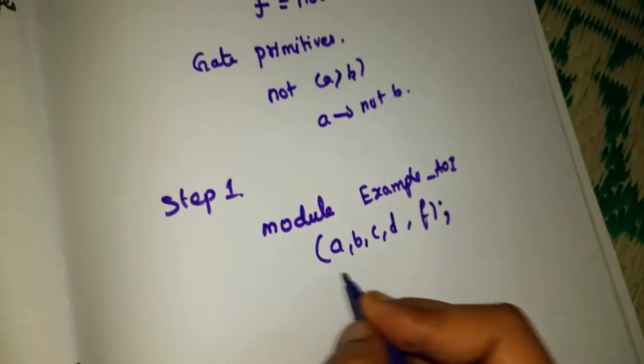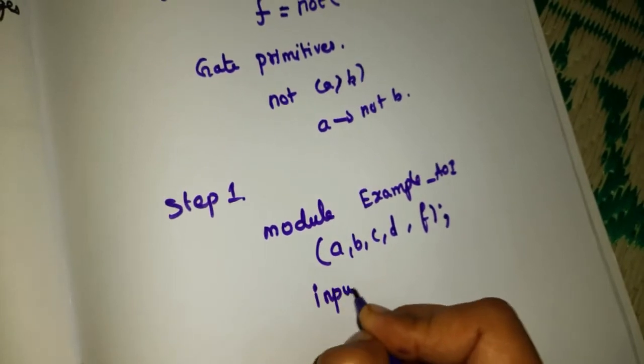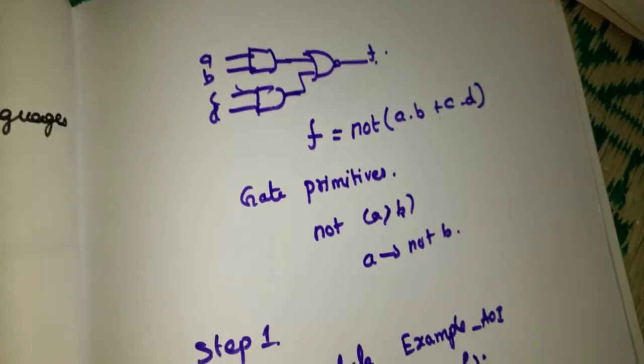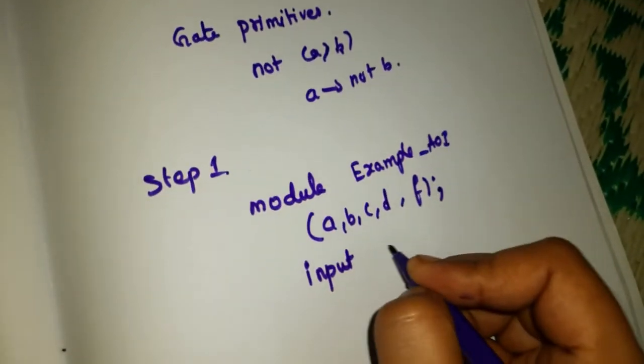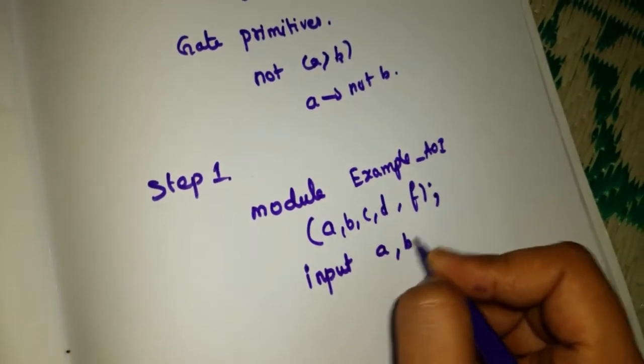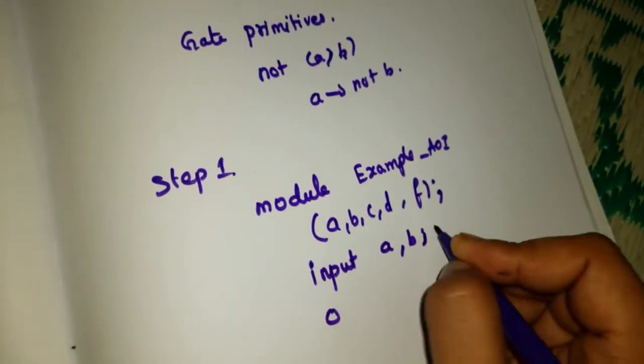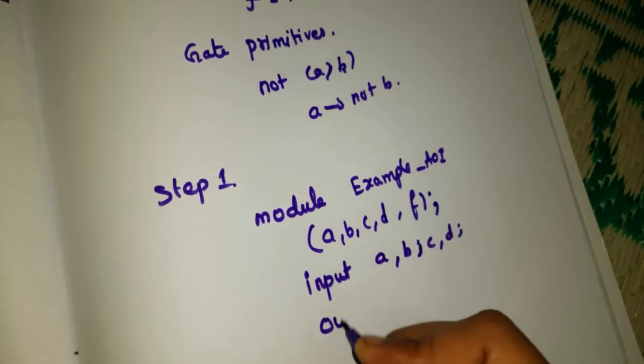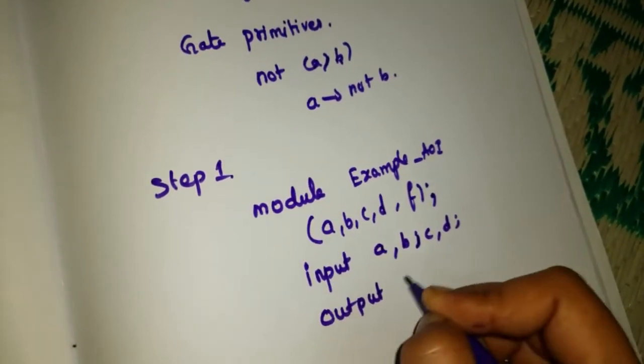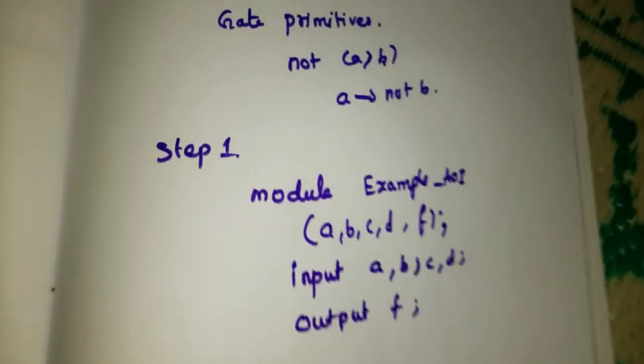Since this is a 1-bit circuit, we just write input A, B, C, D and output F. So this is the module of this circuit.